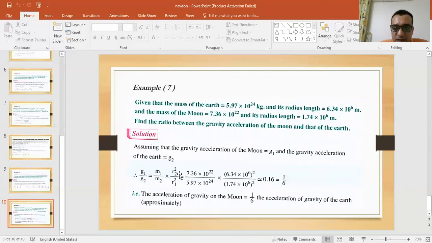By simplification, we get the ratio between the two gravity accelerations equals 0.16, approximately 1 over 6. The acceleration of gravity on the moon equals approximately 1 over 6 of the acceleration of gravity of the Earth.